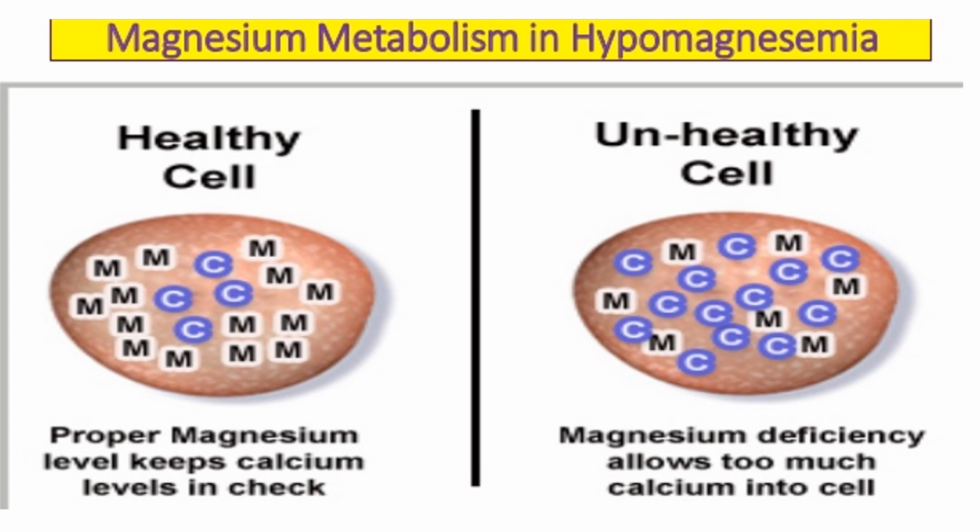Hypomagnesemia is always associated with low serum calcium concentration, because now the calcium will be intracellular and the extracellular calcium concentration will be less. So low levels of magnesium are associated with low levels of calcium in the extracellular fluid, and more calcium inside the cell.